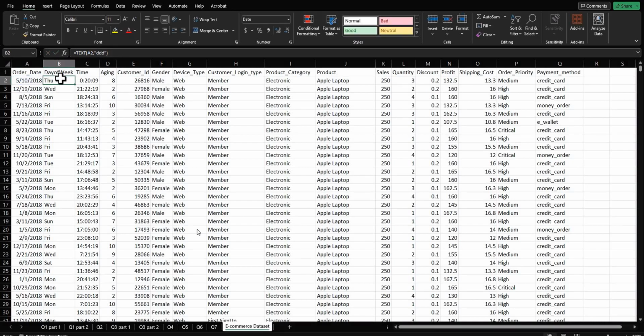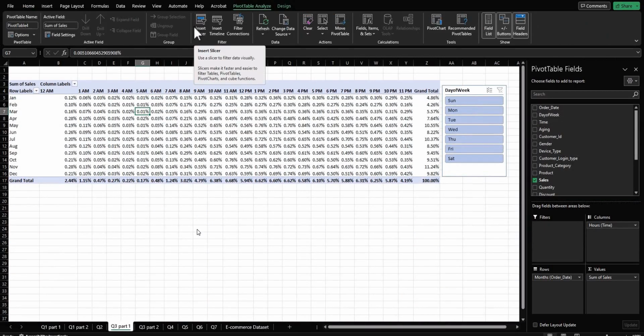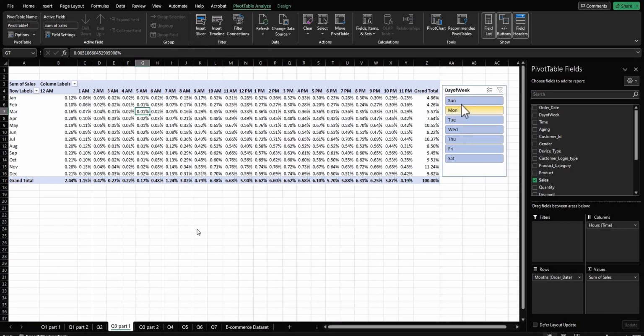And what that does is that gives me a day of the week helper. And then when I was in here, I chose to insert a slicer and chose days of week as my slicer. And that gave me the slicer over here. So what I can do here, this gives me month and then hour of the day. And I can just select which day I want to look at.